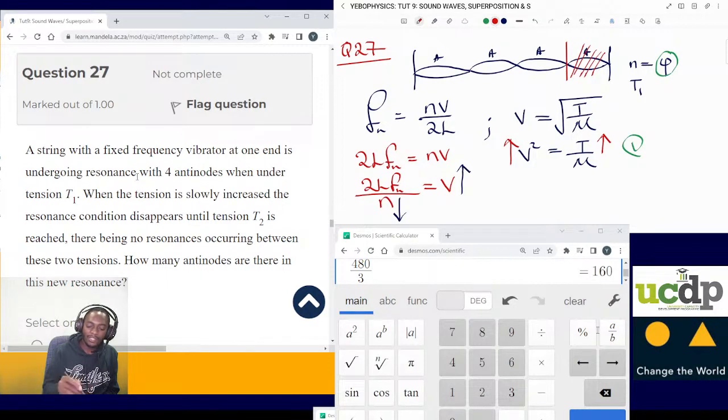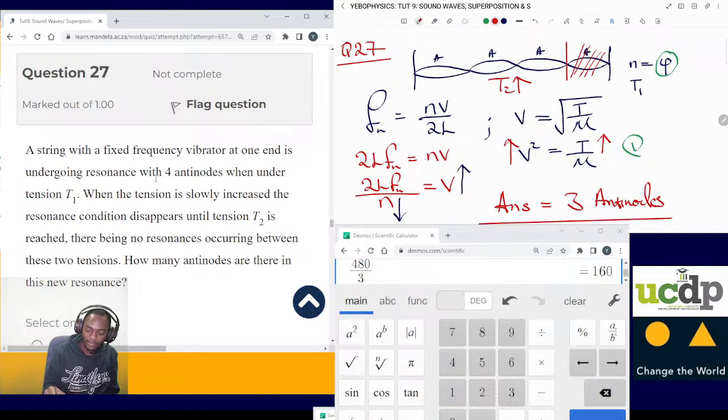So this will be the pattern responsible for a tension that has been increased to T2, and the velocity would have also increased. So our answer will be 3 antinodes, because we're moving from 4 down to 3.